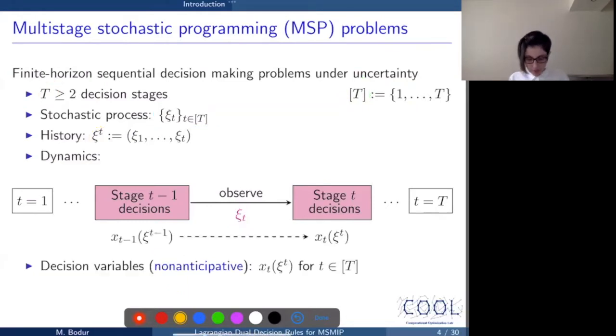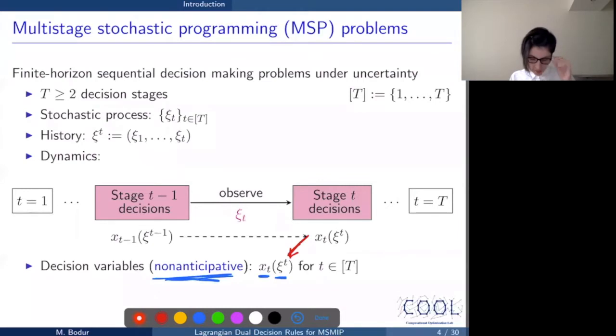In terms of decision variables, what we have is this decision vector x_t to be made at stage T. It is a function of the whole history to be observed up until then. Because our random variables ψ are random, it makes our decisions random variables themselves. But one important property is that our decisions are non-anticipative, meaning that they only depend on the history that you observe up until that point, not your future decisions and observations.